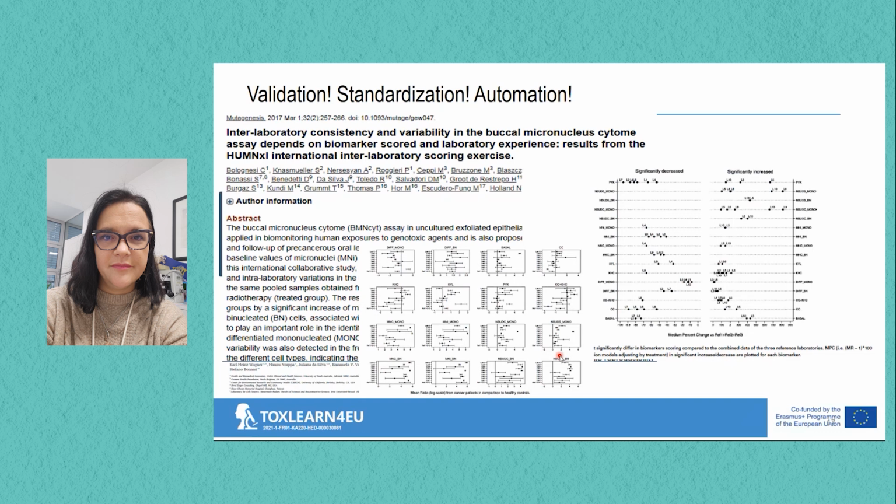They had 3 reference labs. One was in Australia, the other in Italy, and the third in Austria. And they have concluded that even inexperienced laboratories can get a good frequency of micronuclei counted, but they still have problems with, for example, apoptotic and necrotic cells, especially the apoptotic ones.